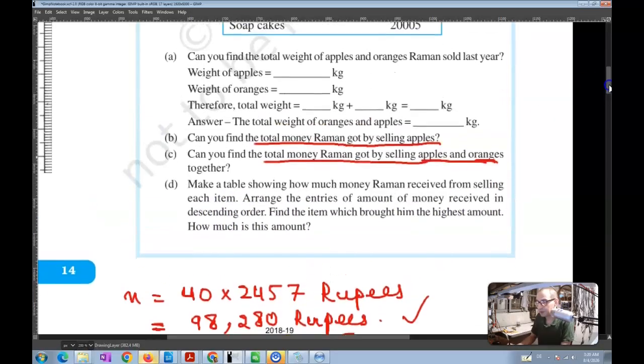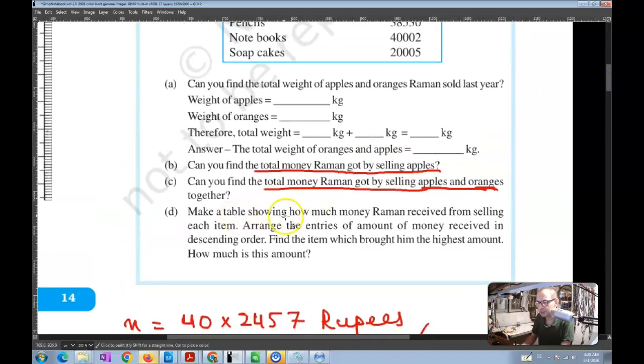Now the next part of this question is: make a table showing how much money Rahman received from selling each item. Arrange the entries of amount of money received in descending order and find the item which brought him the highest amount. How much is this amount? So you can do all of this.